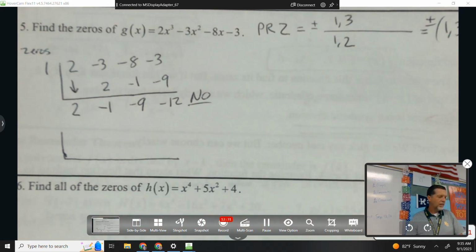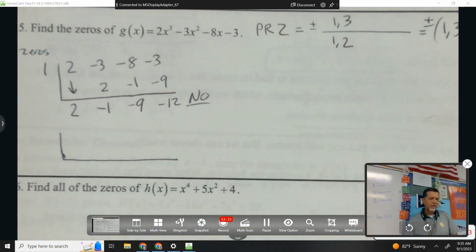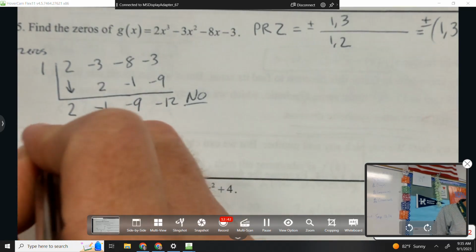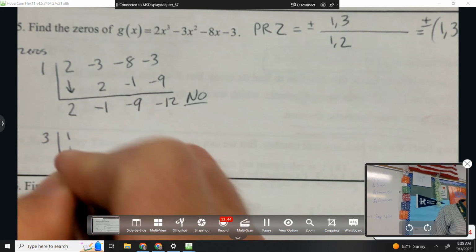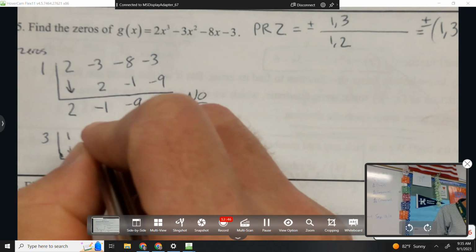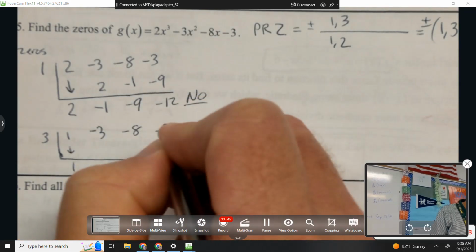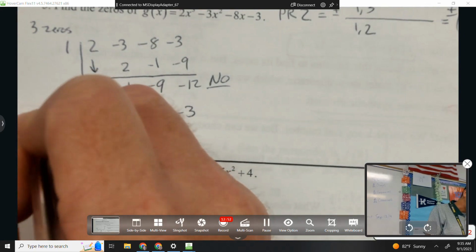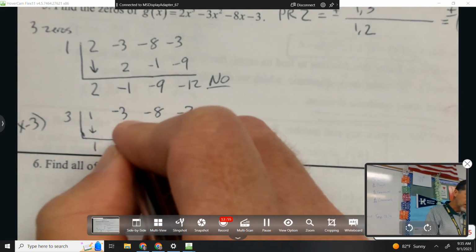All right. What do you want to try next? 3. All right, I heard 3 and I heard negative 1. I guess I'll go with 3. Bring down the 1. Whoops. So I'm testing 3, which means I'm looking to see if x minus 3 is a factor. Multiply.